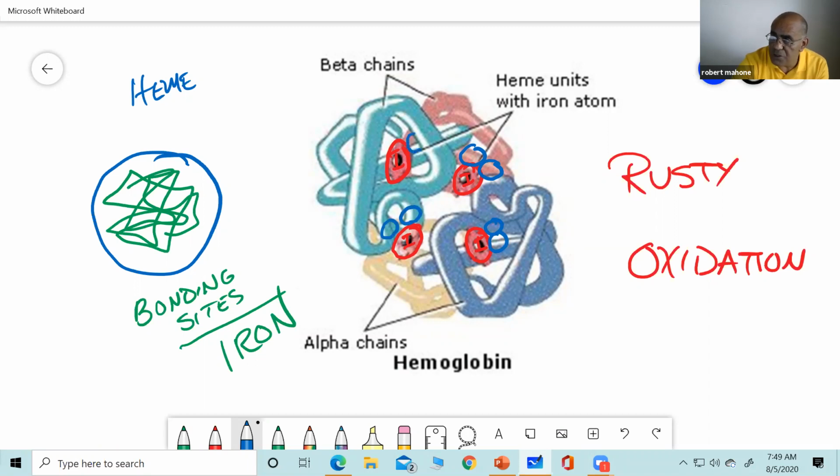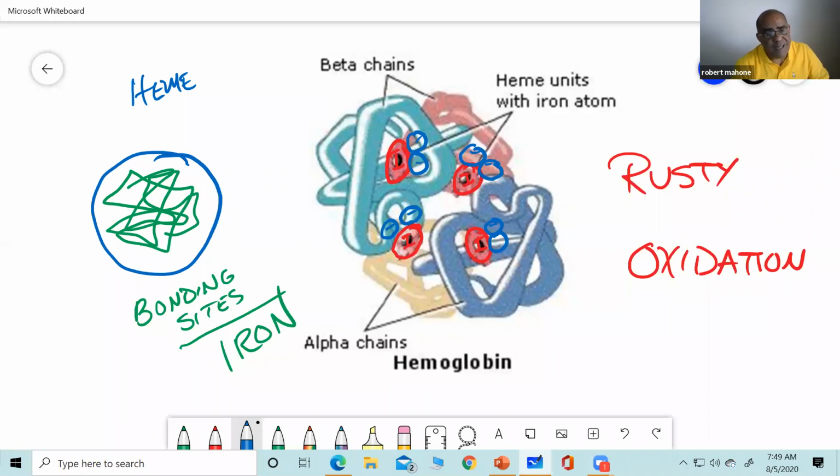So what is the iron for? When we send this red cell with the heme in it through an oxygen-rich environment, when it comes out, it's going to have oxygen molecules attached to it like that. That's all the red cell does.